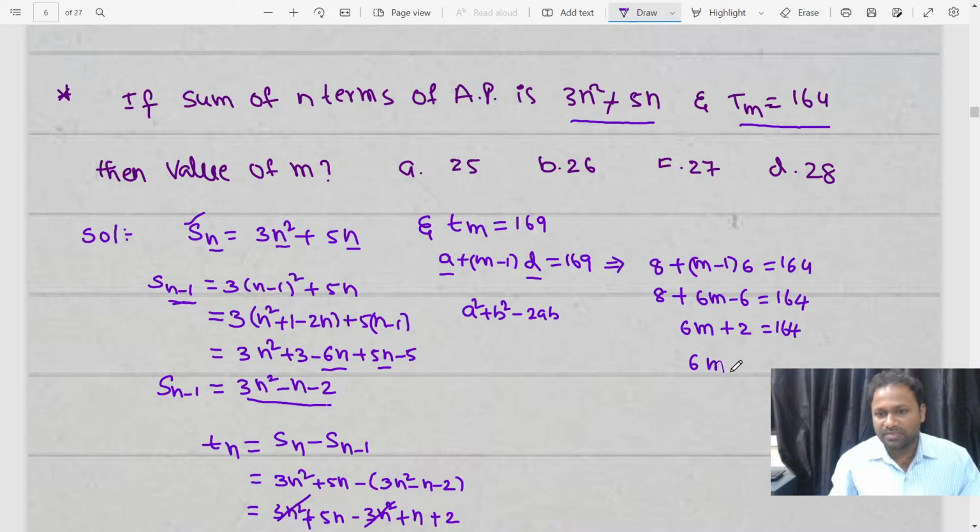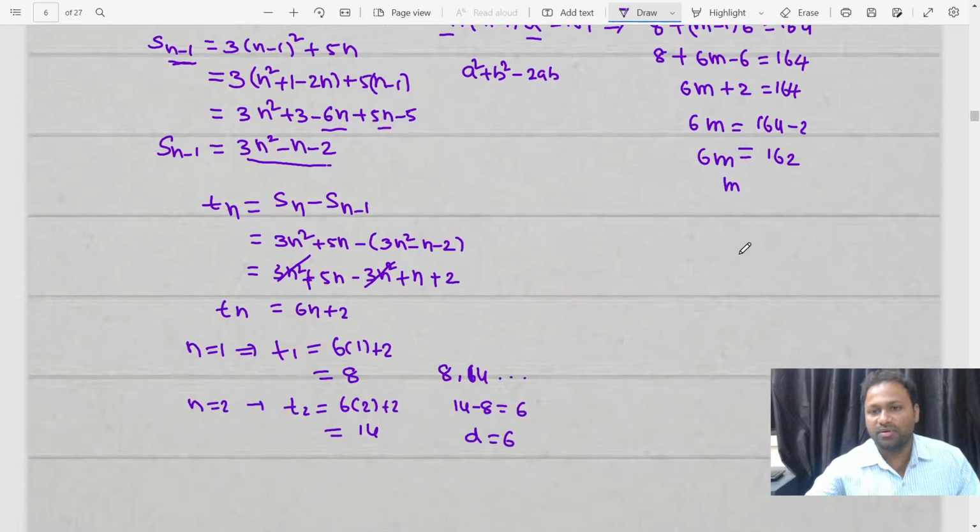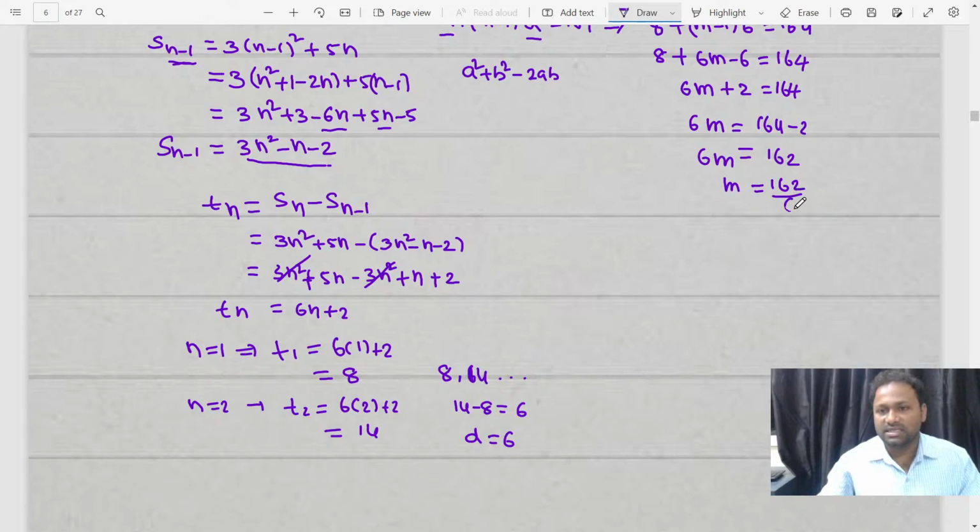So 6m is equal to 164 minus 2. That is nothing but 162. So m is equal to 162 divided by 6. 6 ones are 6, 6 twos are 12, and 6 sevens are 42.